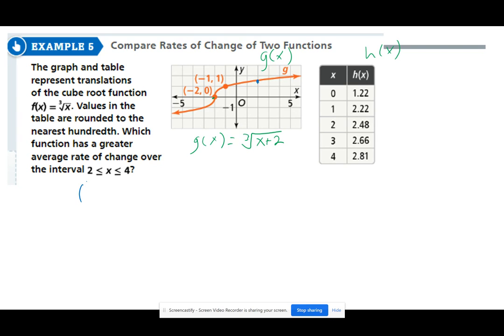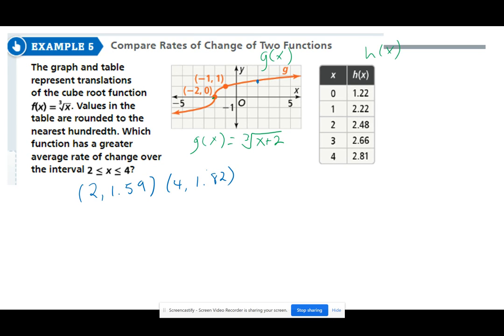For g of x, when x equals 2, y equals 1.59. And when x equals 4, y equals 1.82. And you may have to type in the table 2 and 4. I'm not sure how far down it defaults to, so you may have to keep on adding numbers to your x's in your table and it will add more y's in.